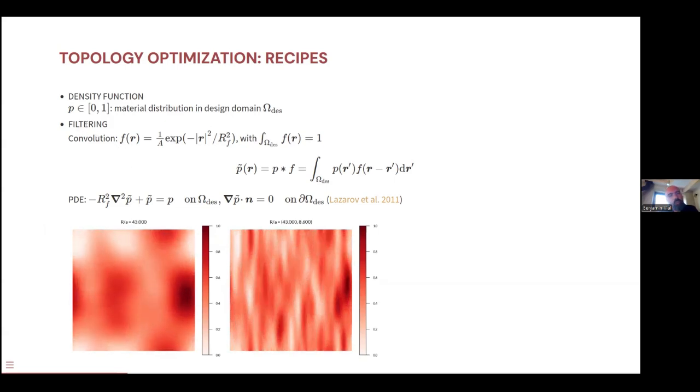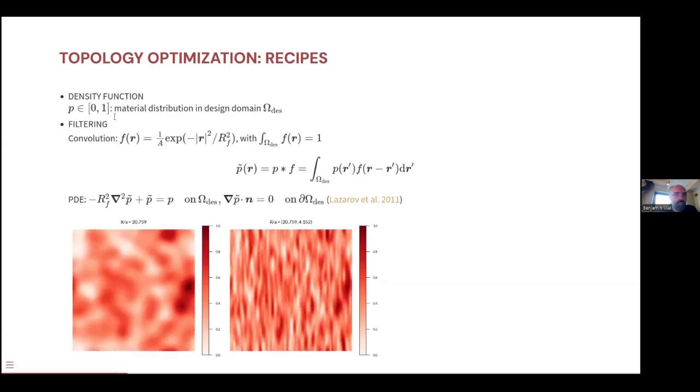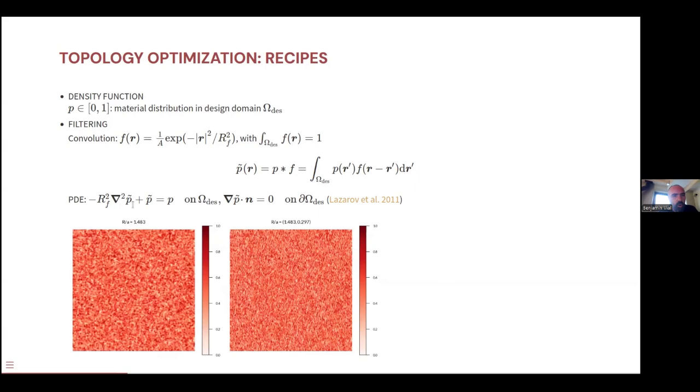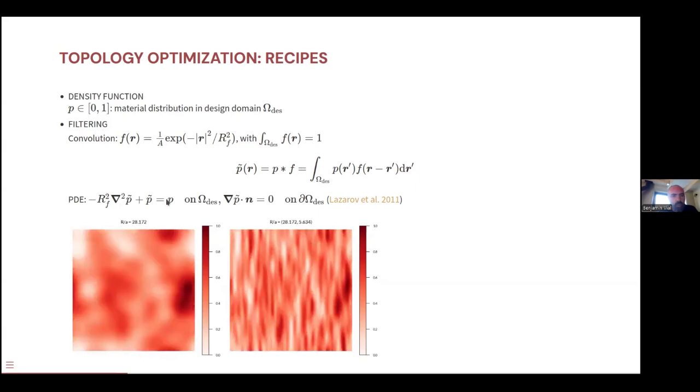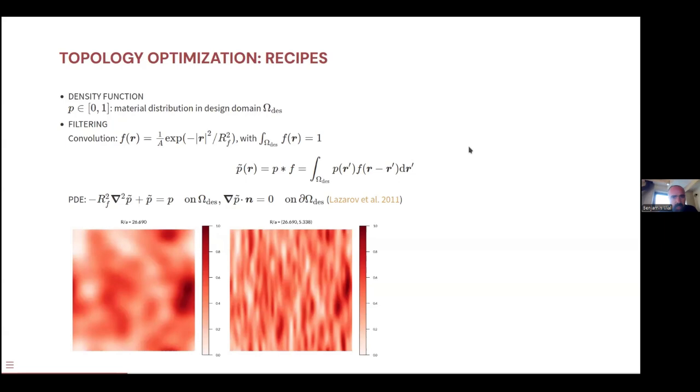Essentially, you convolute your unfiltered density function with a Gaussian function. It's just a convolution, or equivalently, you can solve a partial differential equation that will give you this filtered density. So you can choose it to be isotropic, or for example, here I chose an anisotropic filtering process.